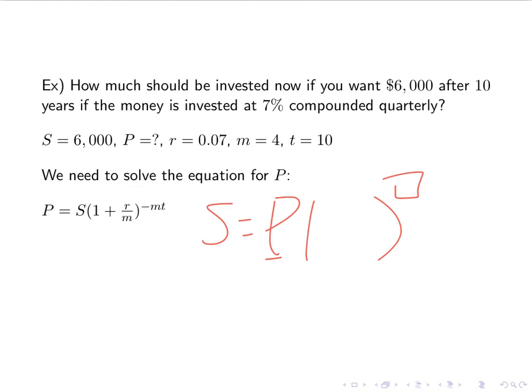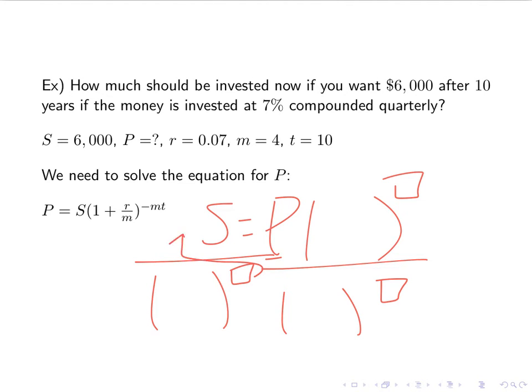I want P by itself, so I'm going to divide by everything else. And so I could write this as P equals S over (1 plus R over M) to the MT, but using rules of exponents, I can take something to a power and bring it up by making that power negative. And that's where this negative sign is coming from. So I've switched my S and P and I've made the exponent negative.